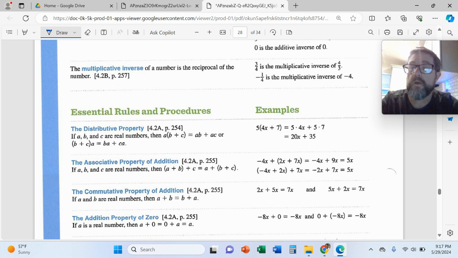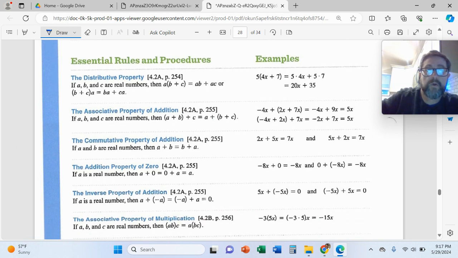The reciprocal of 3/4 is 4/3, which when you multiply them is 1, because you're doing 3 times 4, which is 12, and 4 times 3, which is 12. Negative 1/4 is the multiplicative inverse of negative 4. That's just because any whole number or any number, you can put a 1 under it and make it into a fraction.